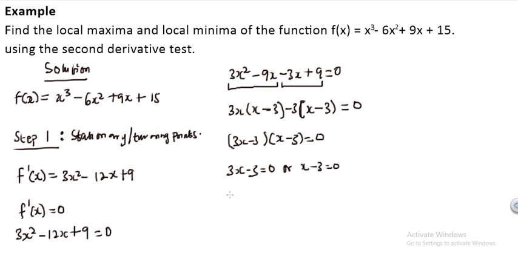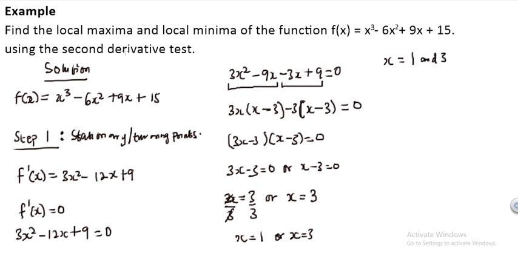For 3x minus 3, if I make x the subject of the formula, the minus 3 going over to the other side becomes 3x is equal to 3. If I divide both sides by 3, x is equal to 3 divided by 3, which is 1, or x is equal to 3. So I have my stationary points as x is equal to 1 and 3.